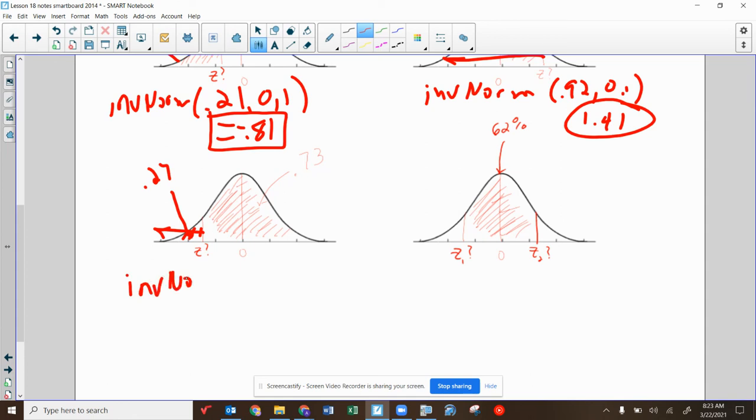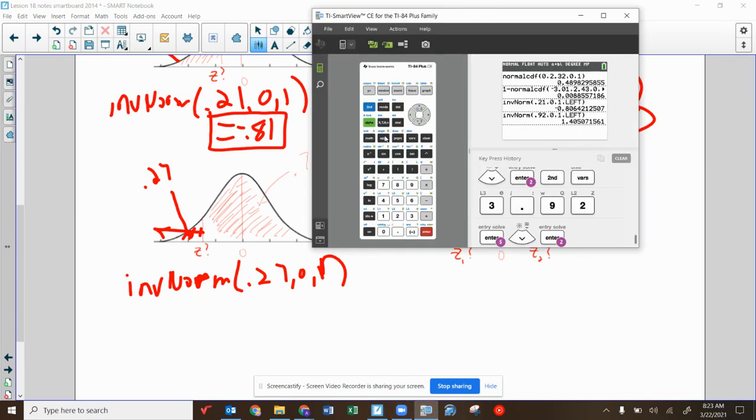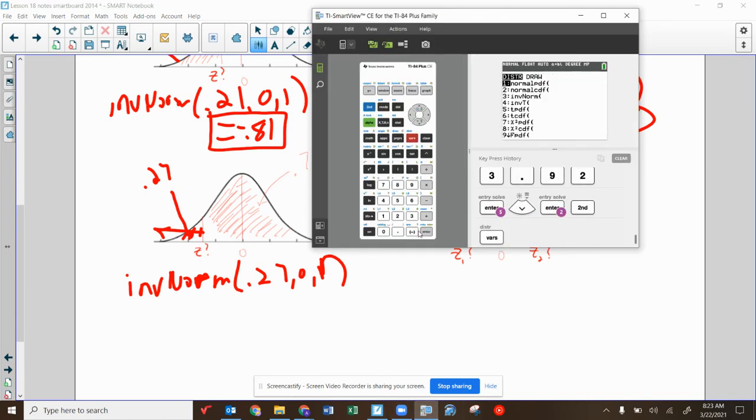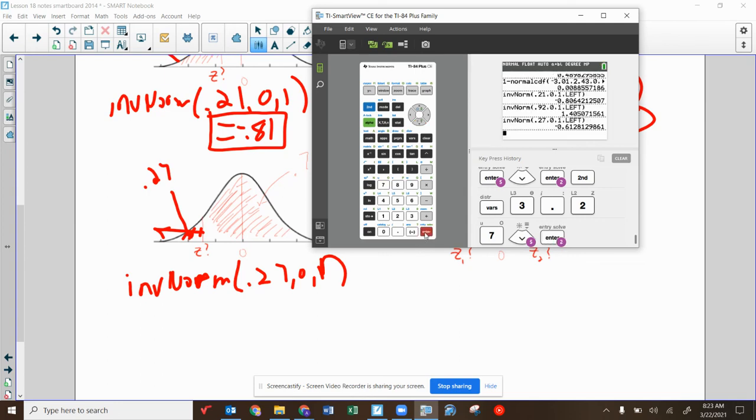So inverse norm, oops, learn how to spell, 2701. All right, that's a 1 at the end there. So negative 0.62.